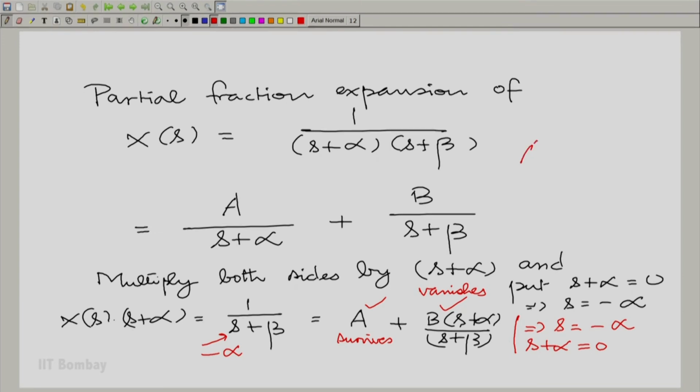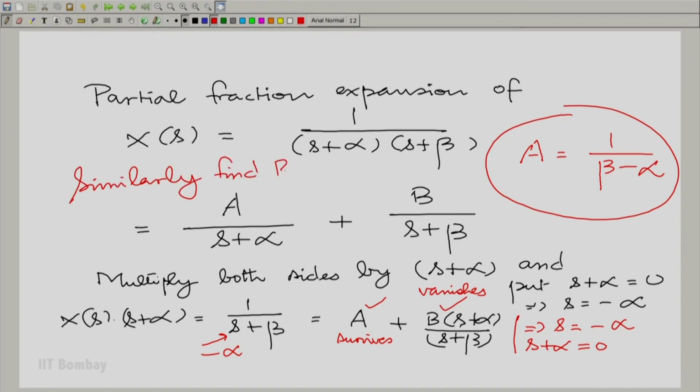So, we get a is equal to 1 by beta minus alpha. We can similarly find b, which you can do as an exercise.